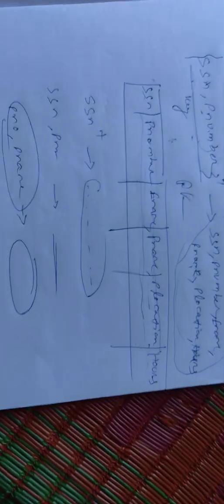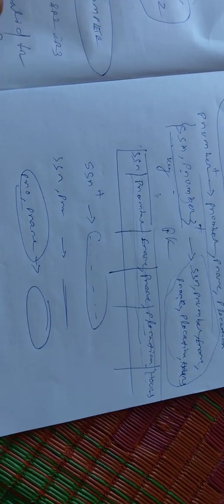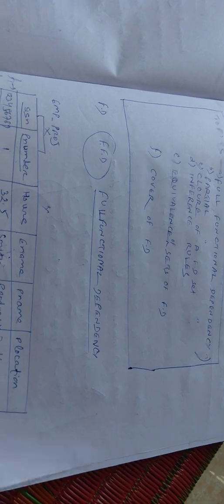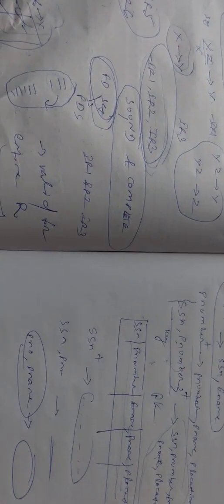So this was the concept of closure of attribute. Now the next thing is cover of FD, cover of a function dependency set.